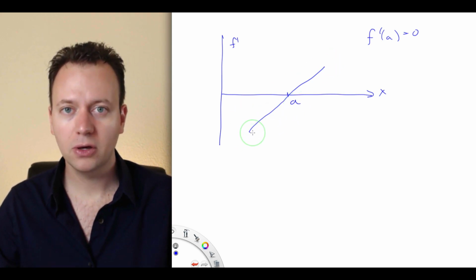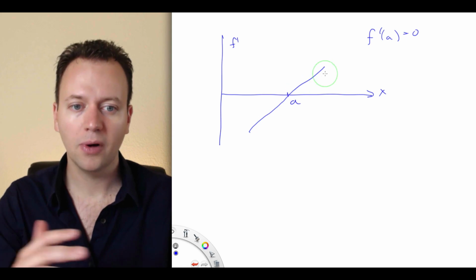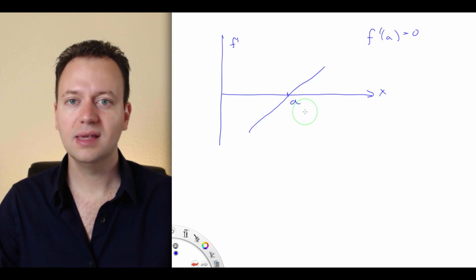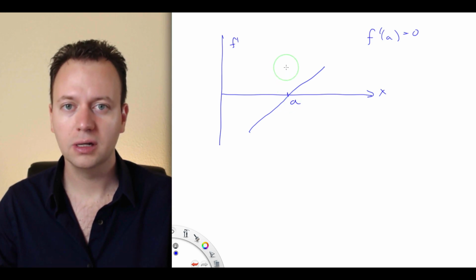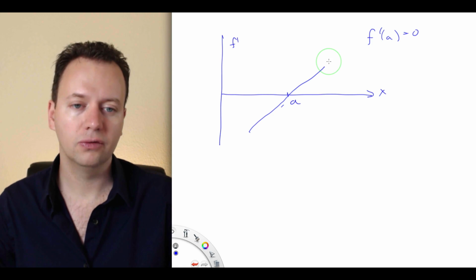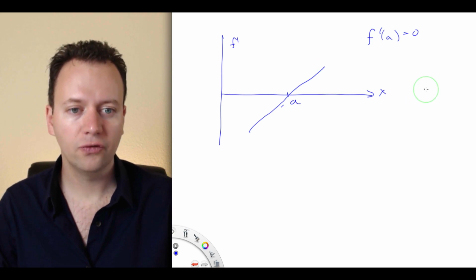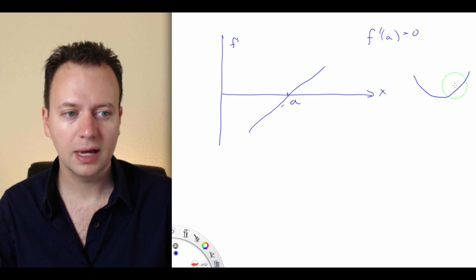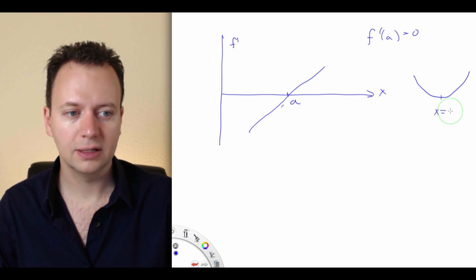The derivative might be turning from negative to positive, or from positive to negative. Either way, this indicates that the function is changing direction. If the derivative goes from negative to positive, then the original function f stops decreasing and starts increasing right at the point x equals a.